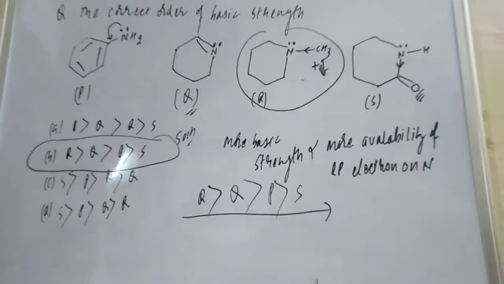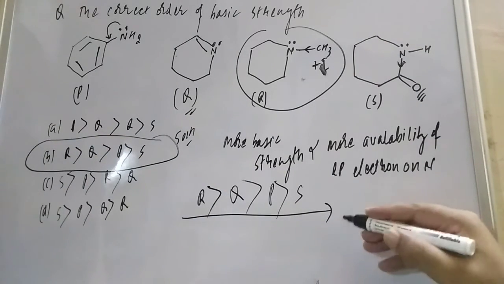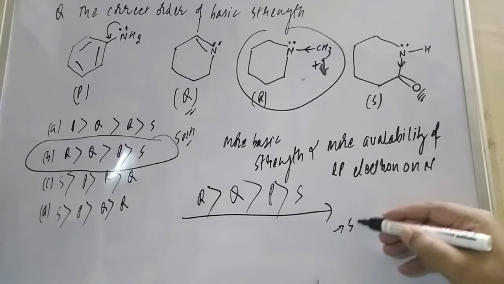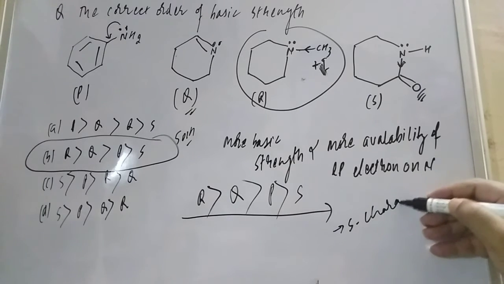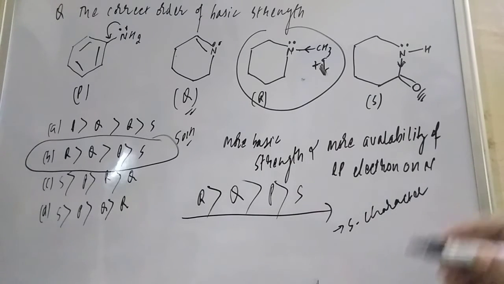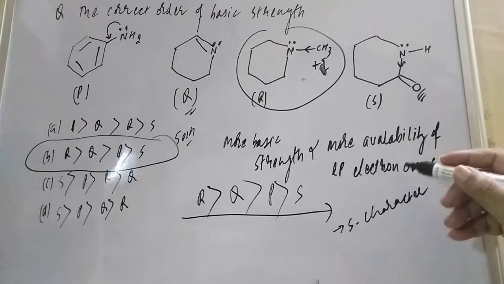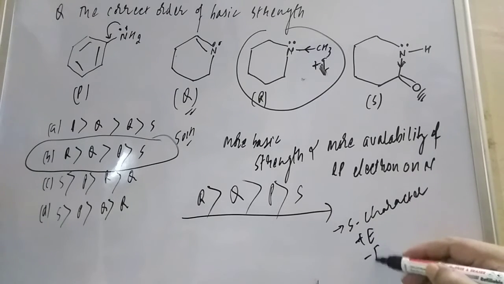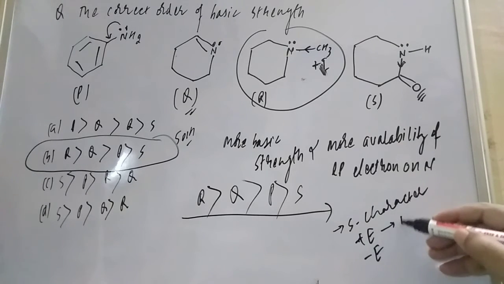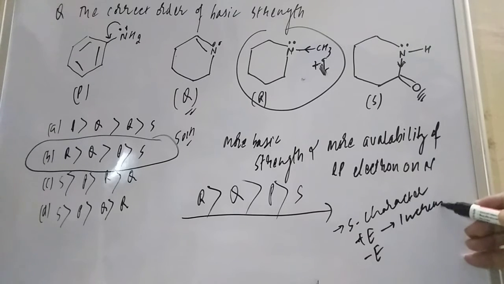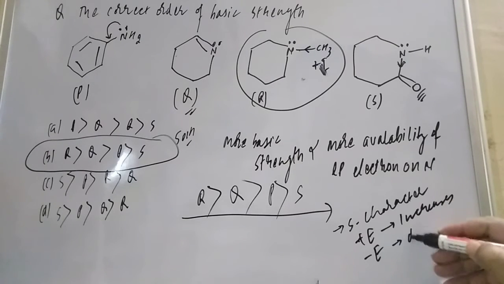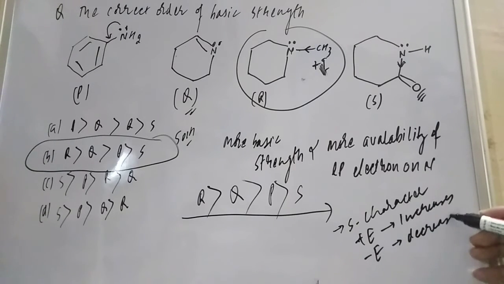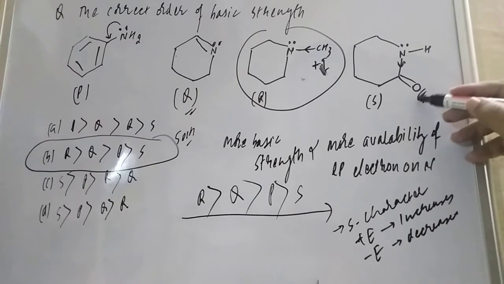You try again and again. For that, you match with the s character also. You check with the s character, and then you try to understand the plus I and minus I effects. Plus I increases the basic strength, that we know, and minus I decreases it. Now minus I is the stronger factor.